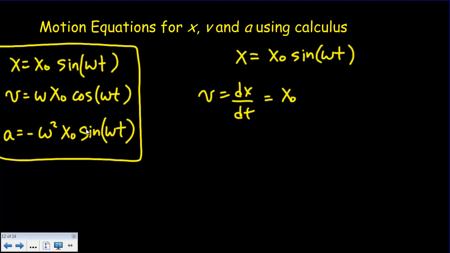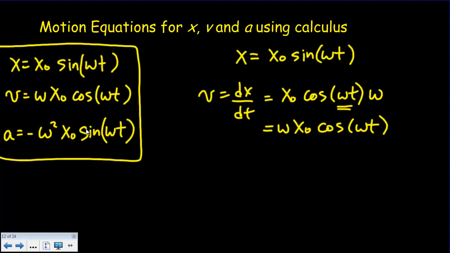The derivative of the sine function is the cosine function. Keep the argument the same, use the chain rule. The derivative of the argument is omega, so I've got to multiply by omega, so I get omega x naught cos omega t. And then I can take it one more step, do exactly the same thing.